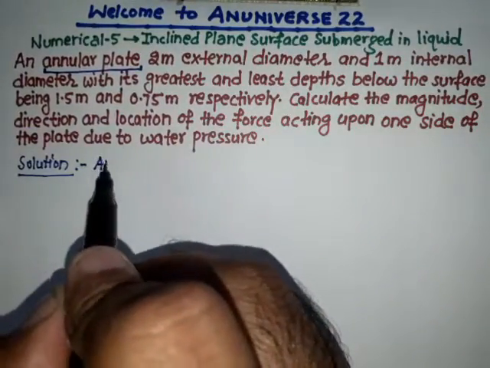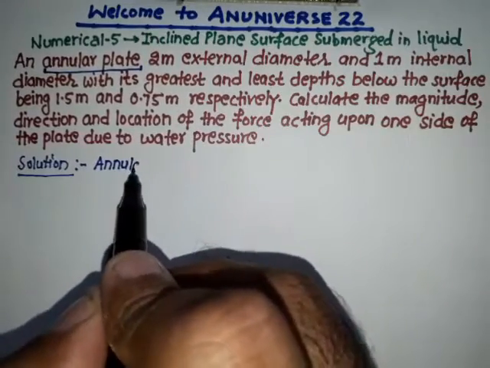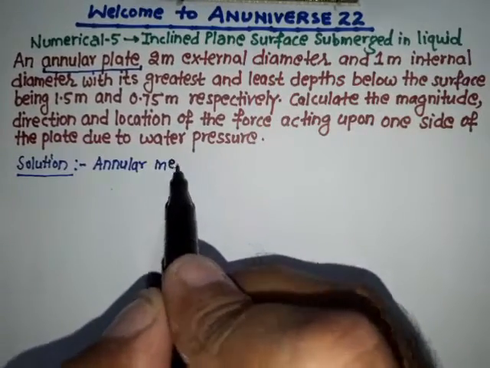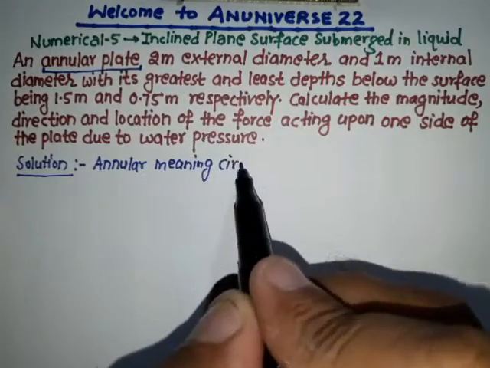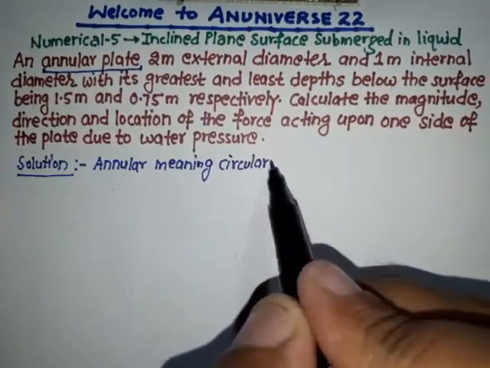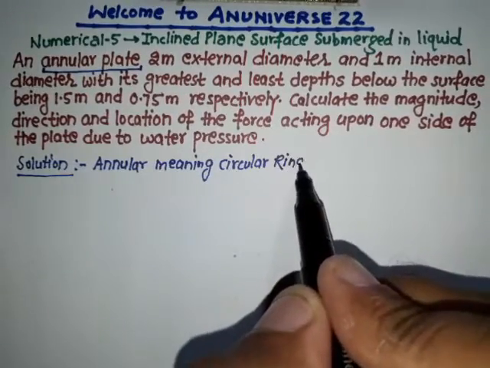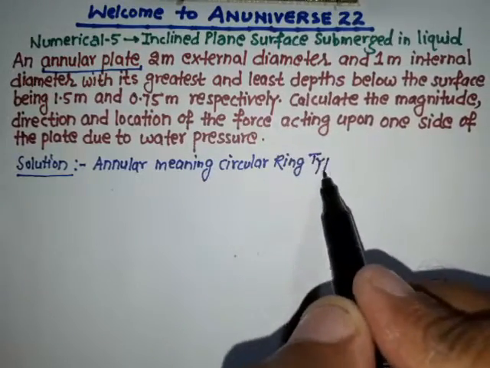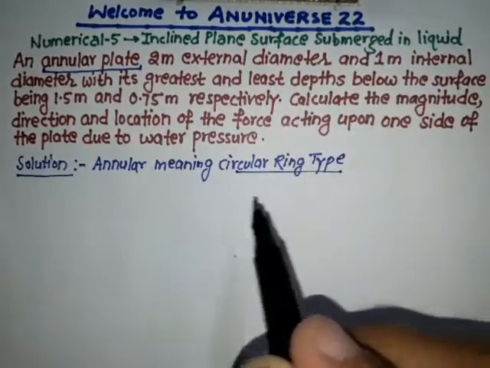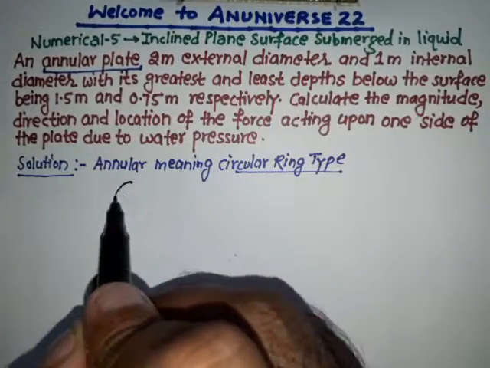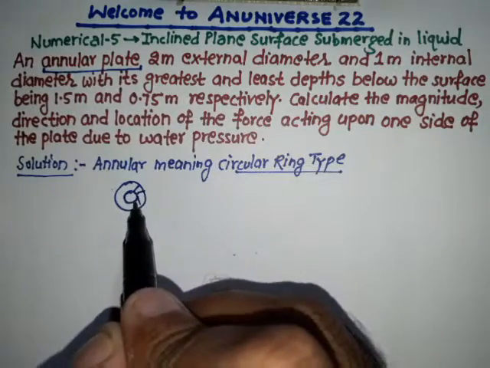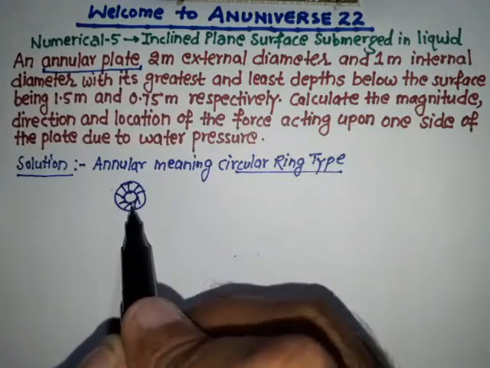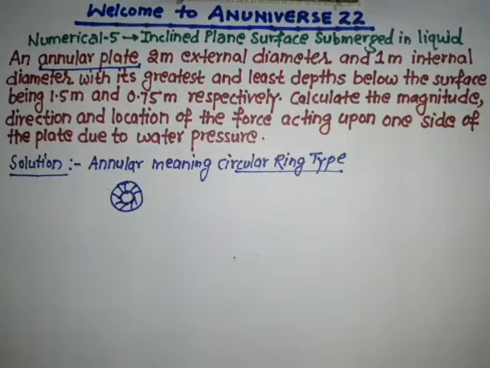The word annular means circular ring type. So circular ring type, this is the shape of the plate, like that. This is like a hollow circle with thickness.